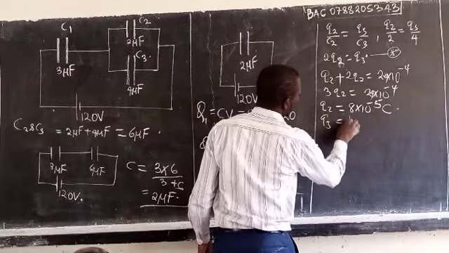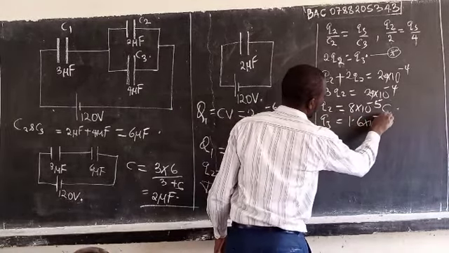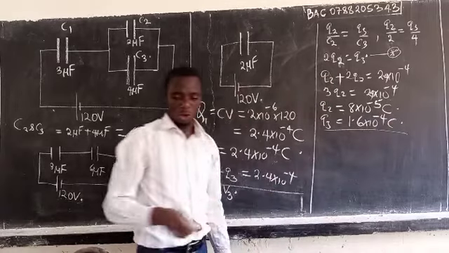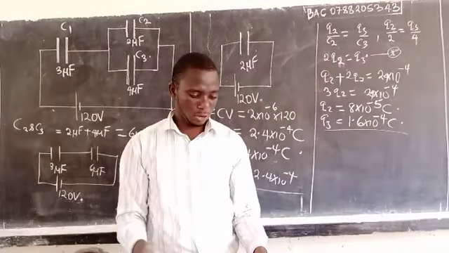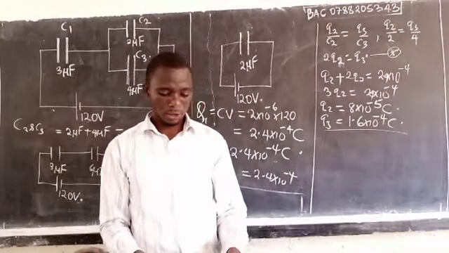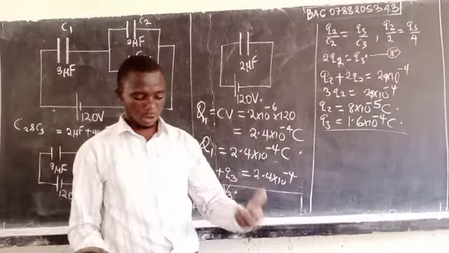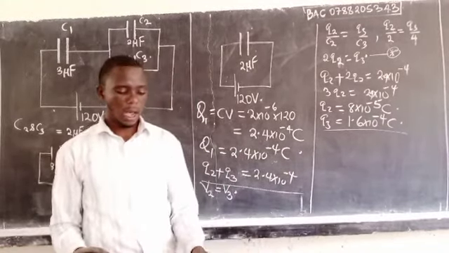So the Q3 will be 1.6 exponent -4 coulombs. I guess you are getting the same values as the ones that I'm actually getting.